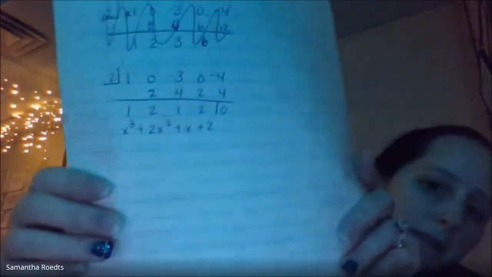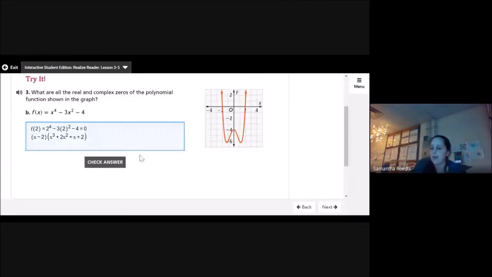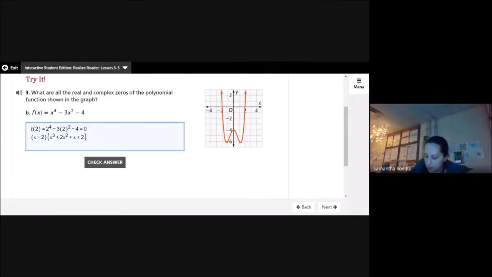Here's my synthetic division for that. Okay. So with that, I can double check and see if negative 2 works. So I'm going to go ahead and do the synthetic division. 0. That also works. So that gives me x squared plus 1.